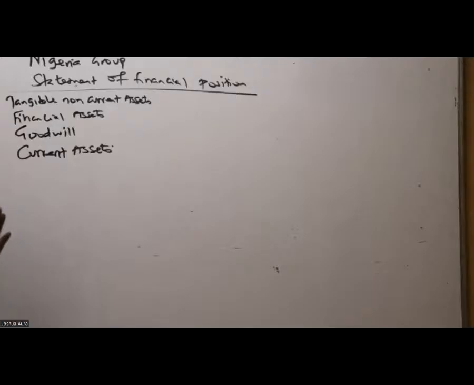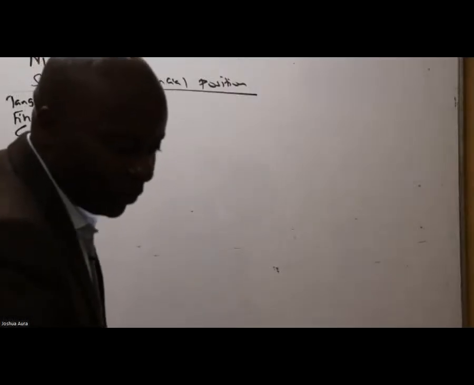So basically what we are doing here, not even about pro forma, is just laying down the general structure of the balance sheet and the general structure of the income statement.